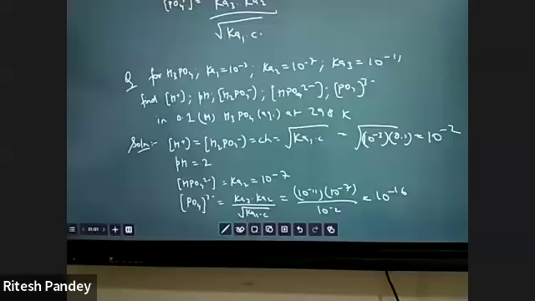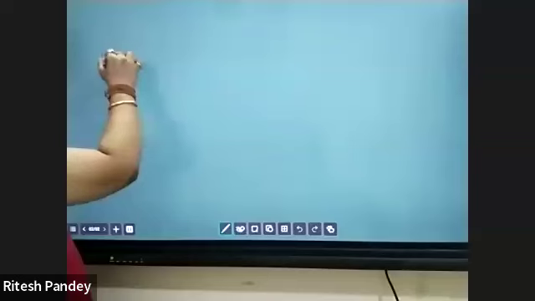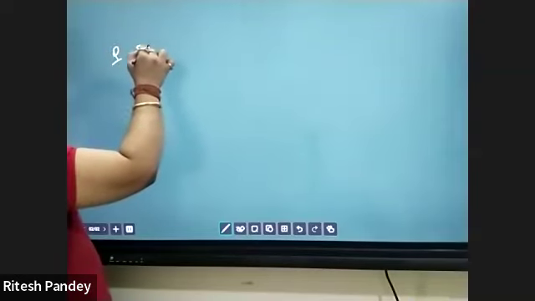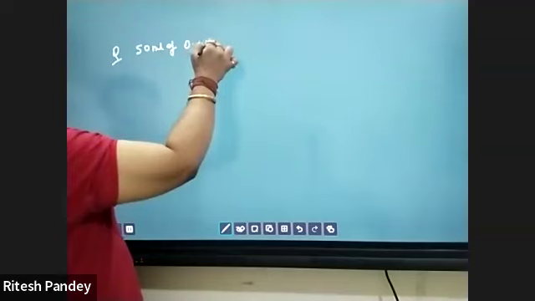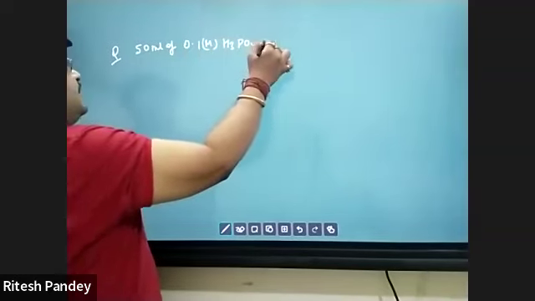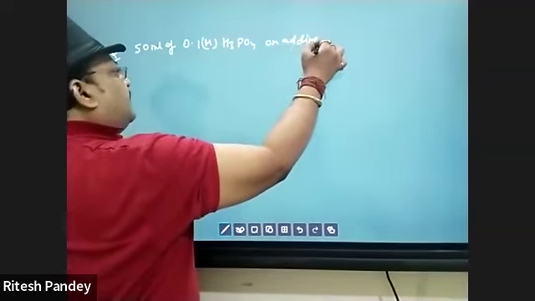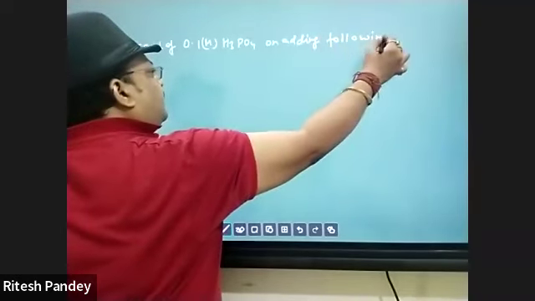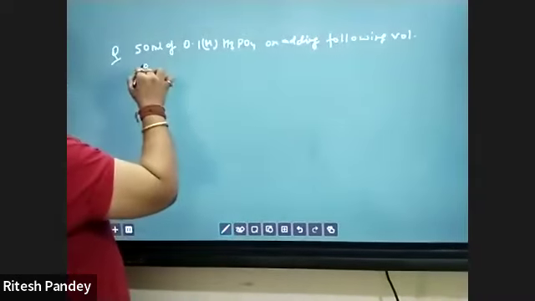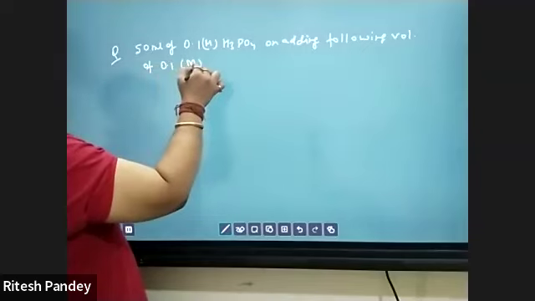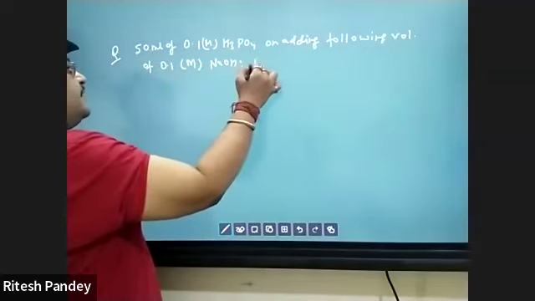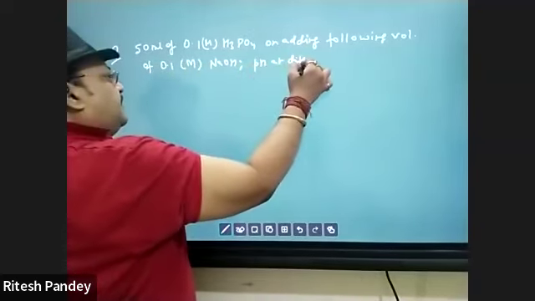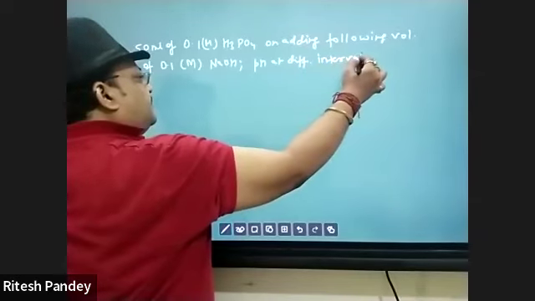Now, I love to do this problem, which is titration of phosphoric acid using NaOH, and this is a particular setup which I certainly enjoy. 50 ml of 0.1 molar phosphoric acid, on adding the following volumes of 0.1 molar NaOH, pH at different intervals.